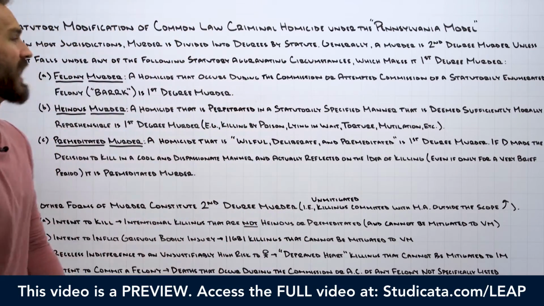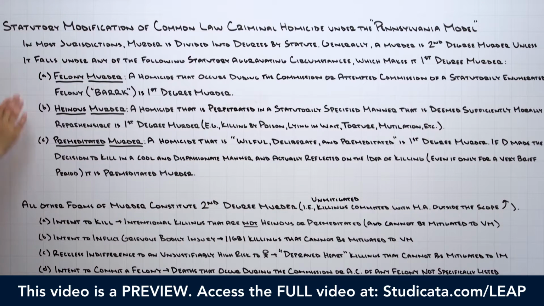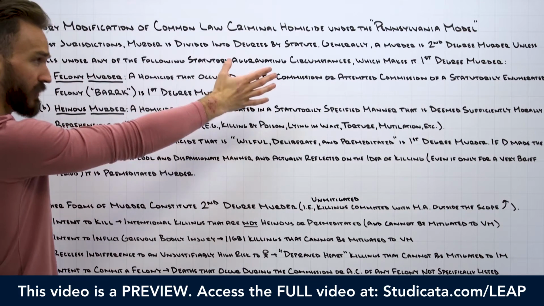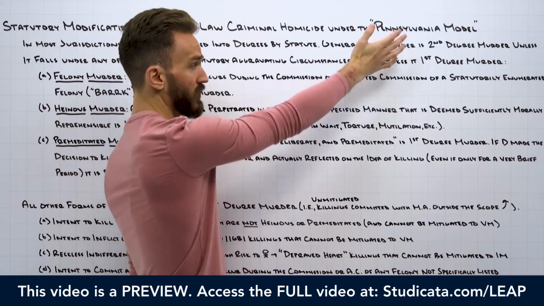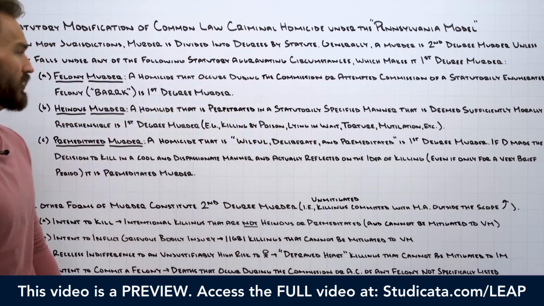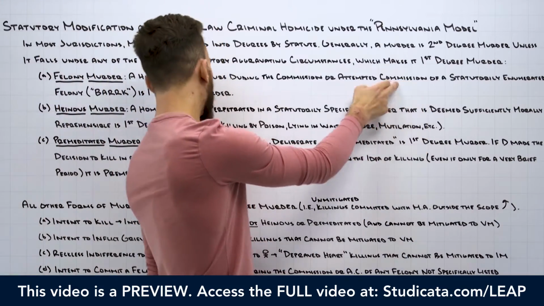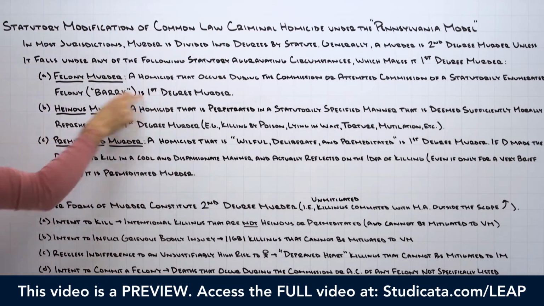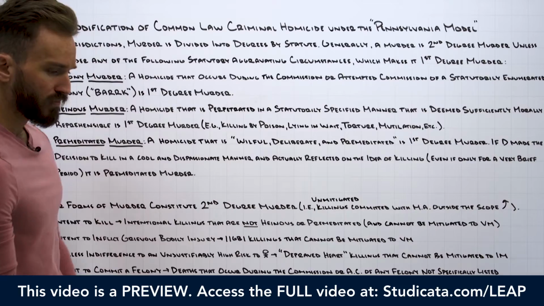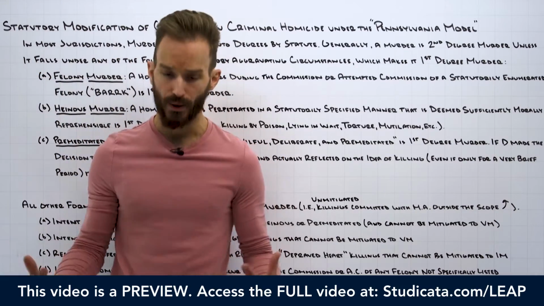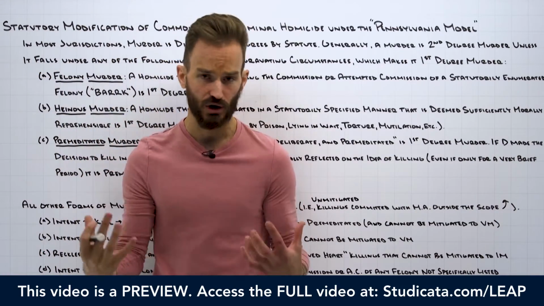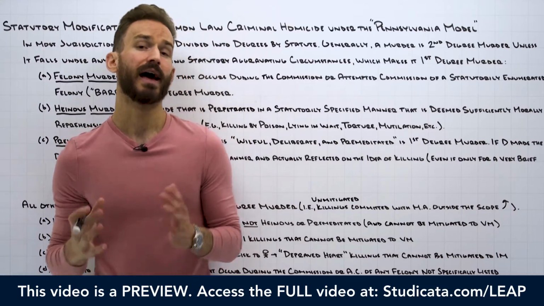Well, we said if that was in a jurisdiction that has adopted a first-degree murder statute under the Pennsylvania model that says a homicide that occurs during the commission or attempted commission of a robbery is first-degree murder, then that is first-degree murder. If you're attempting to rob somebody and a homicide occurs during that robbery, that's first-degree murder.